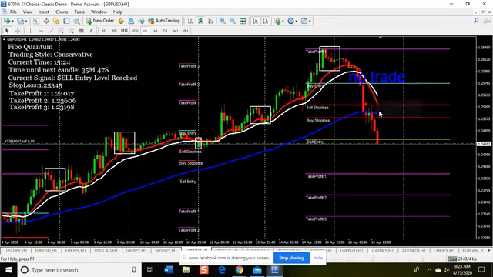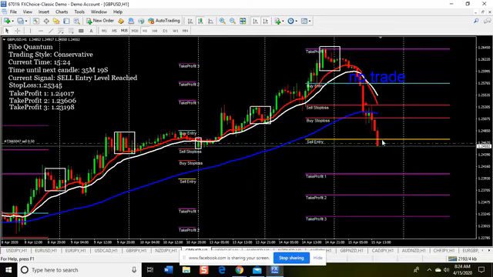Both of the faster moving averages are pointing straight down. So we're going to look for this to change direction now. And these are going to be the type of trades that you're going to want to find. These will be the ones with a much higher probability of success, I believe. And so what will happen is you'll be able to load up on these type trades a little bit more with a little more lot size to get more profit, right?